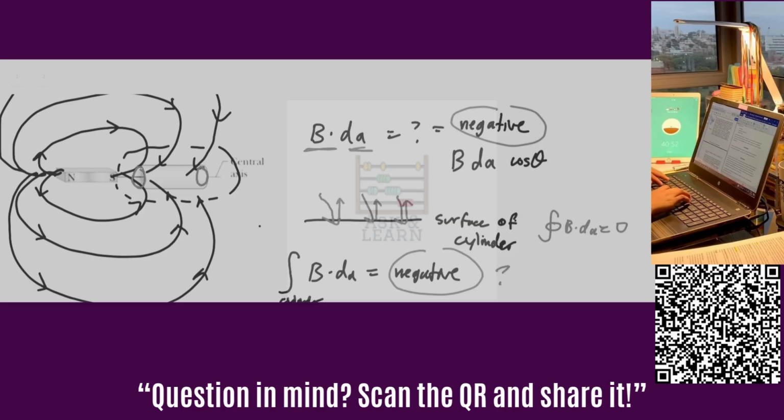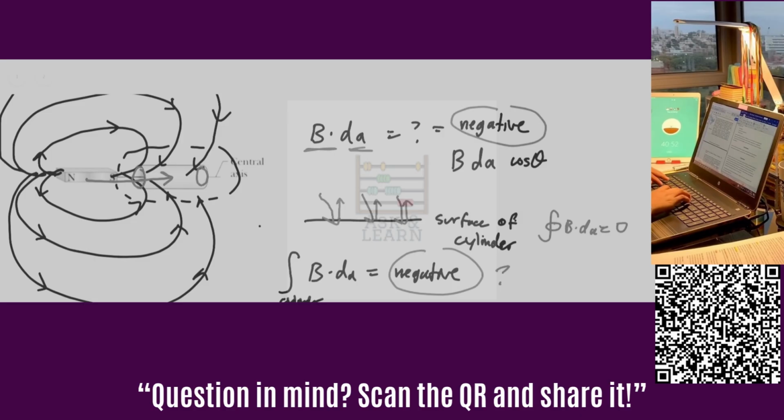Now, if we took this magnet and moved it inside the cylinder, Gauss's law for magnetic fields would apply because the entire magnet is now enclosed inside this surface. So you have equal amounts of field lines going out of the cylinder as well as equal amounts of field lines going into the cylinder.